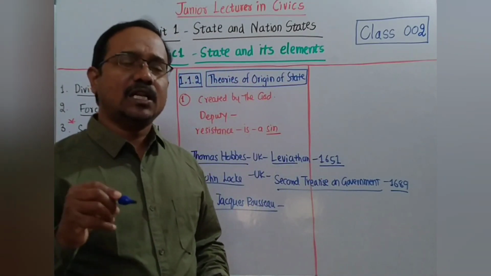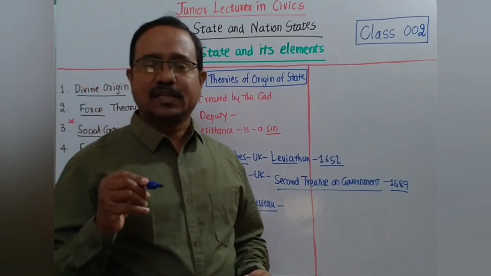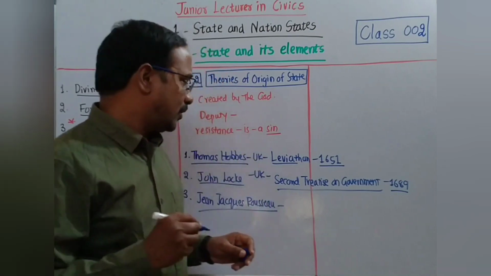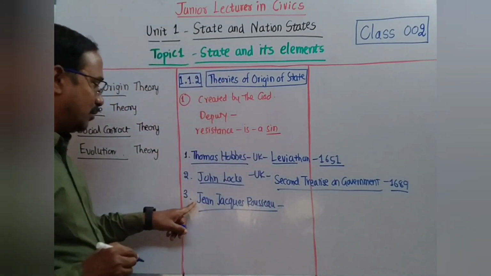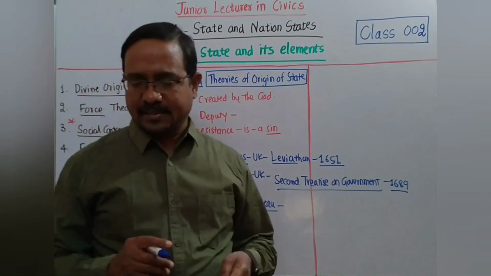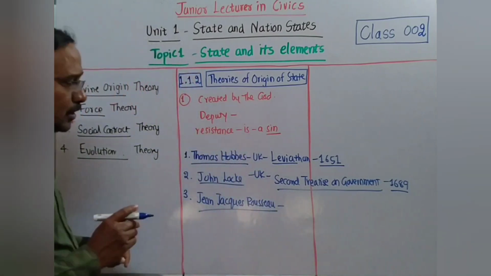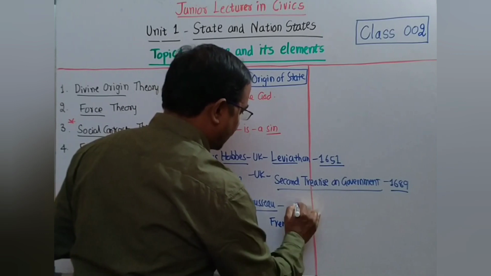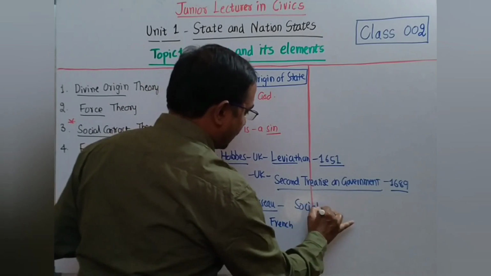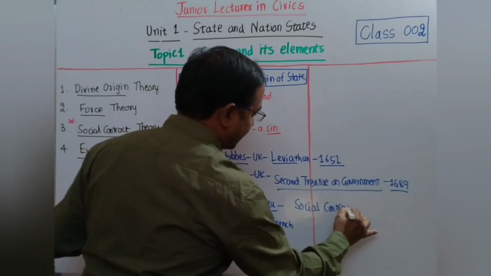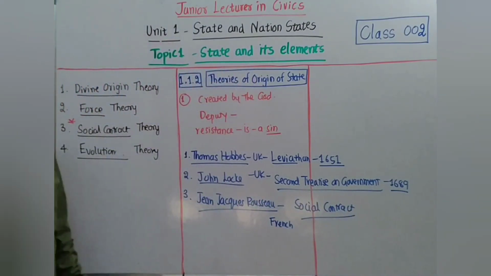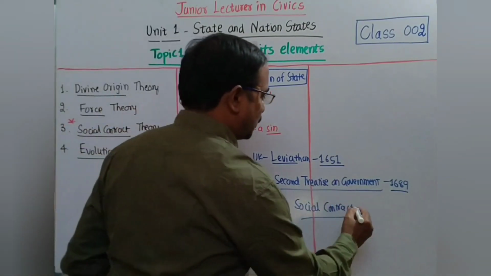So we will call him a French person, a French political scientist. He has written a book, the Social Contract. This book was published in the year 1762.